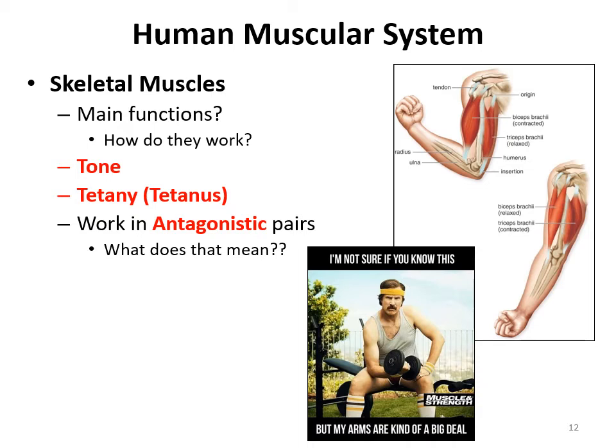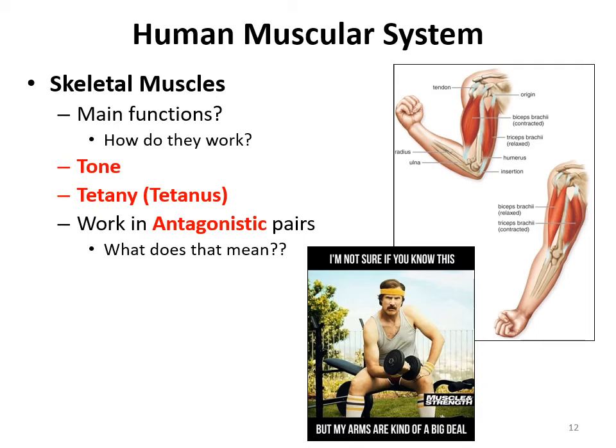Now, in addition to bones in your skeletal system, you also have a whole bunch of muscles helping you with movement. You have your skeletal muscles, which maintain your posture, provide support, and allow for movement. I know a lot of people, when they hear skeletal muscles, think just movement, but it's also maintaining posture and providing support.